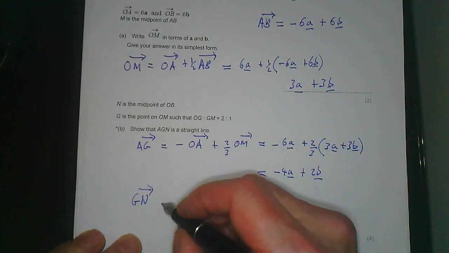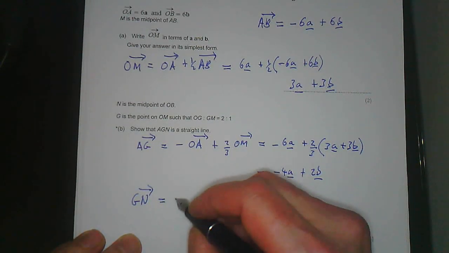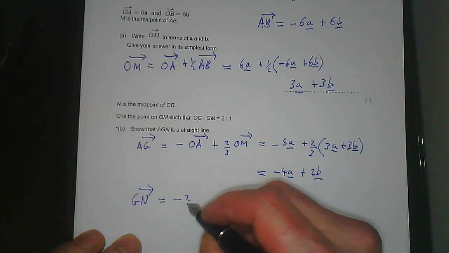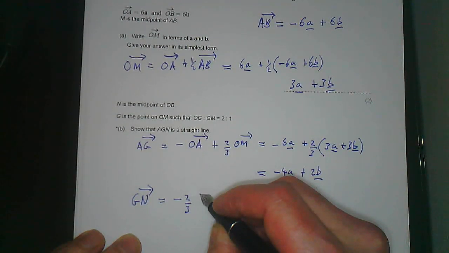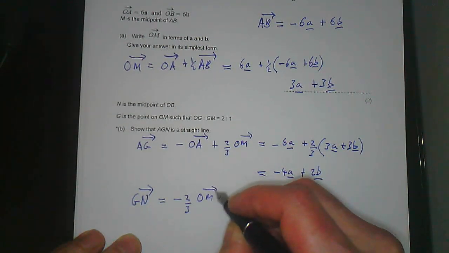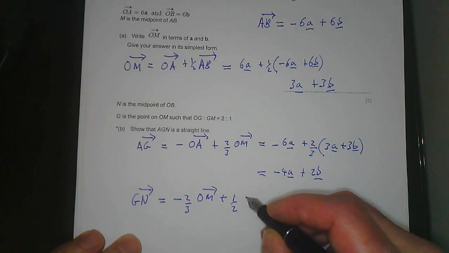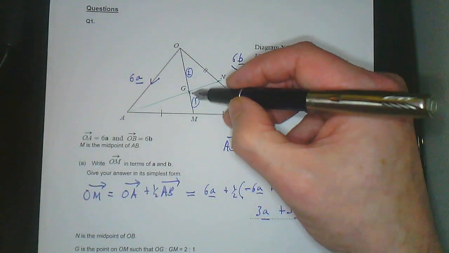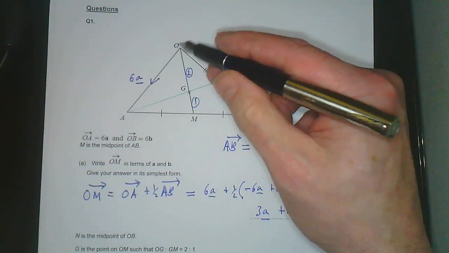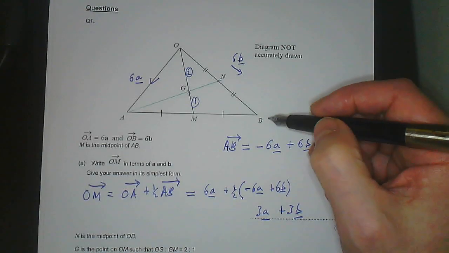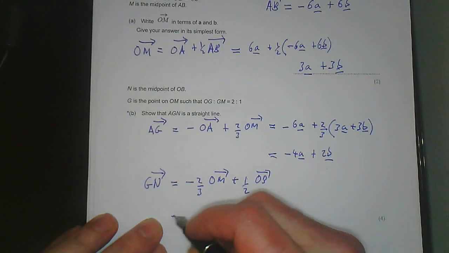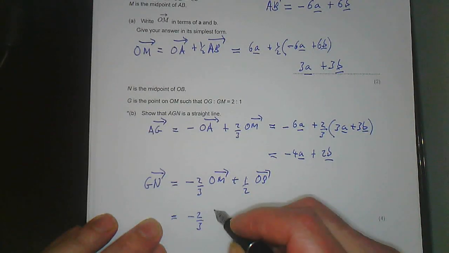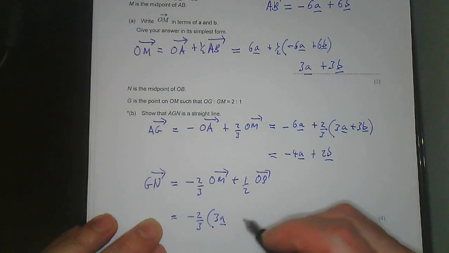So GN equals minus 2/3 of OM plus a half of OB. So this again, we've got OM, so minus 2/3 of OM. OM is 3a plus 3b.